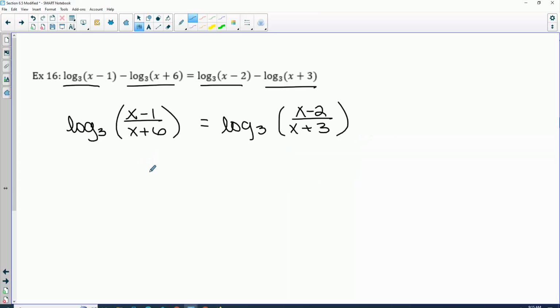If you only have one log on each side, now you can drop it. What would you do now?